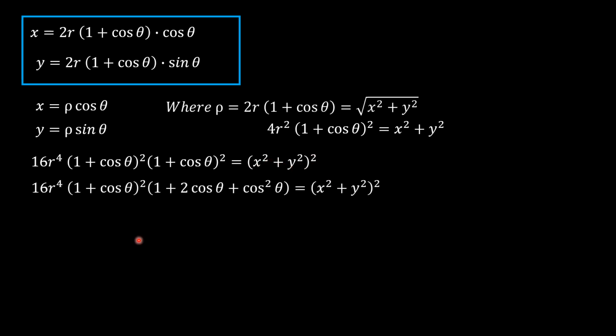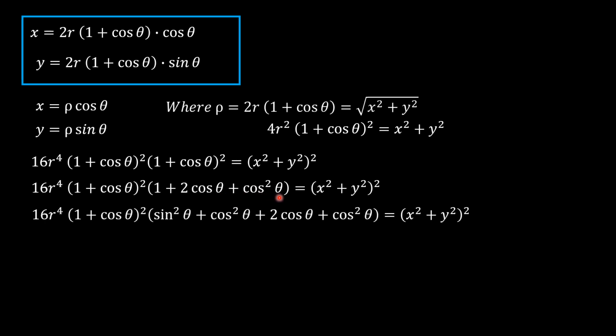And so we can expand the second square here so that this becomes 1 plus 2 cosine theta plus cosine squared theta. And then we separate it a little bit in a way that 1 is the same as sine squared theta plus cosine squared theta.